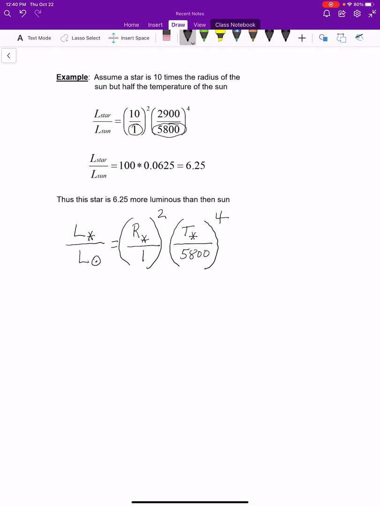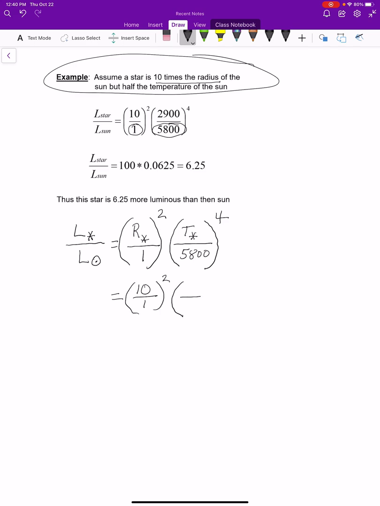If we plug in the numbers I have given you, the star is 10 times the radius of the sun, so 10 divided by 1, and we're going to square that number. Then, again, there's 5,800 in the denominator.